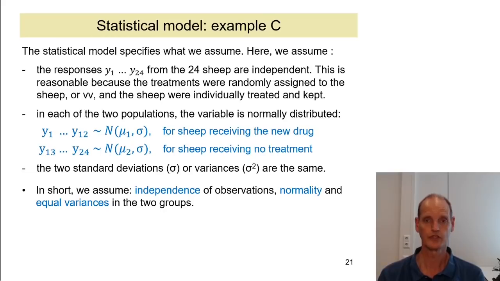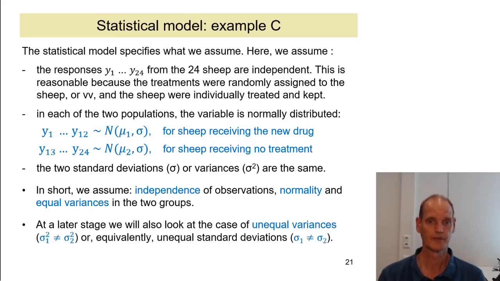In short, we assume independence of observations, normality, and equal variances in the two groups. Later on we'll also look at the case where the variances sigma 1 squared and sigma 2 squared are not the same, or equivalently the standard deviations sigma 1 and sigma 2 are not the same. But for now we will assume this.